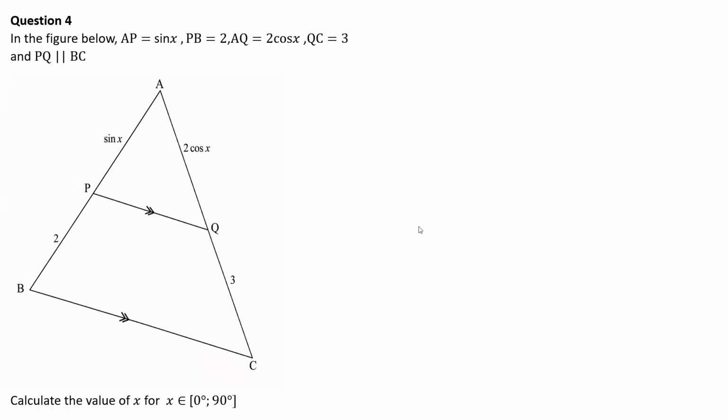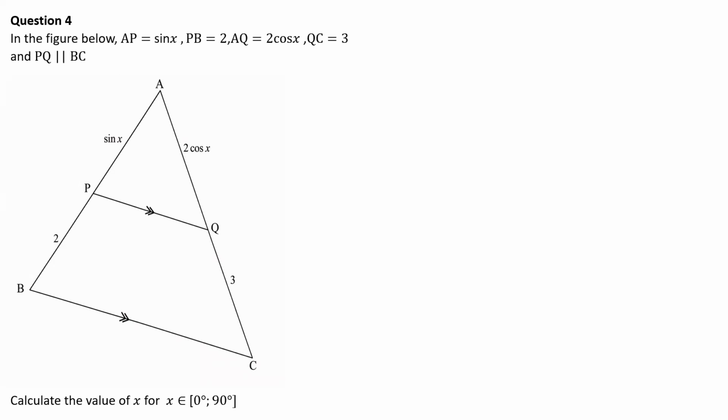I'm ready. In the figure below, AP is equal to sin x. PB is equal to 2 cos x, while QC is equal to 3.